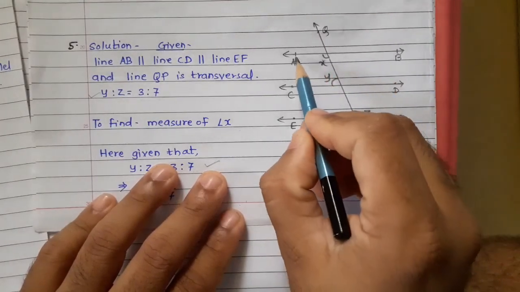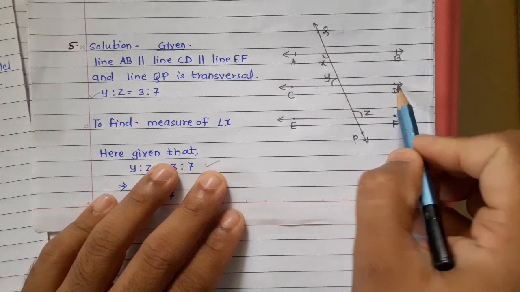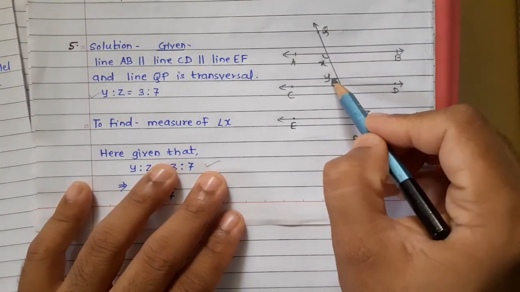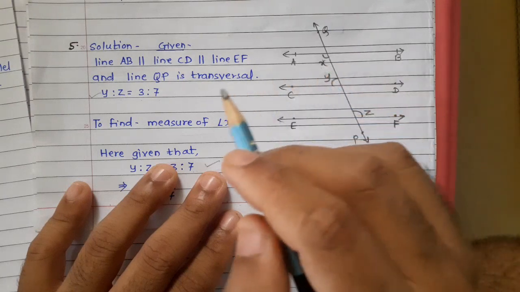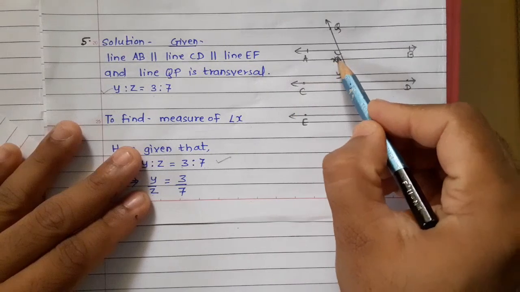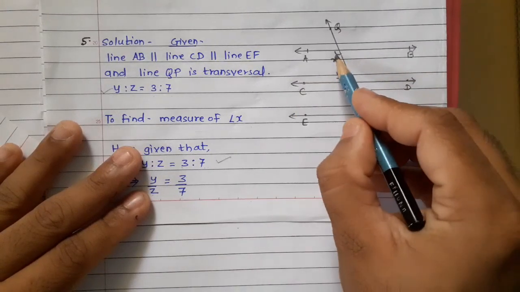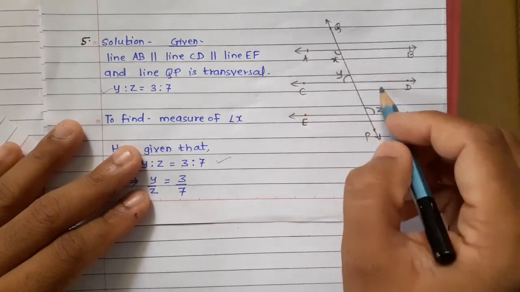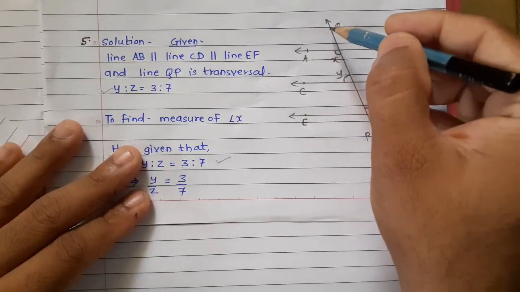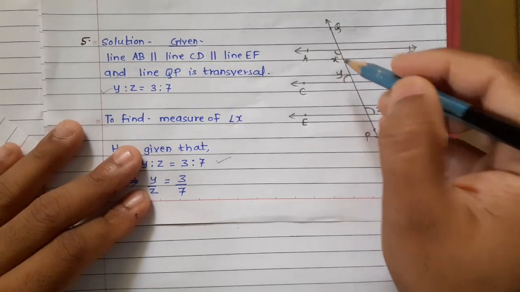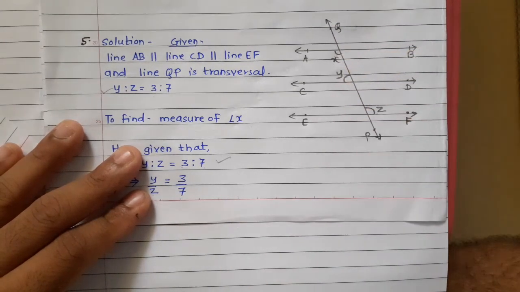Now line AB is parallel to line CD and QP is their transversal. Then angles X and Y are the interior angles. Angle X and angle Y are interior angles, and if two lines are parallel and a transversal intersects them, then the interior angles are supplementary.